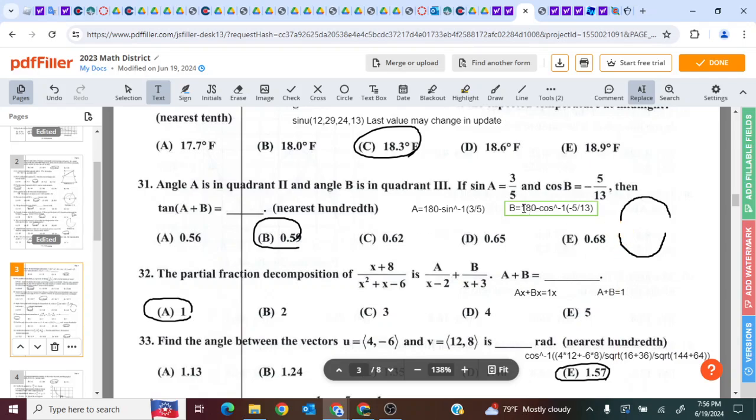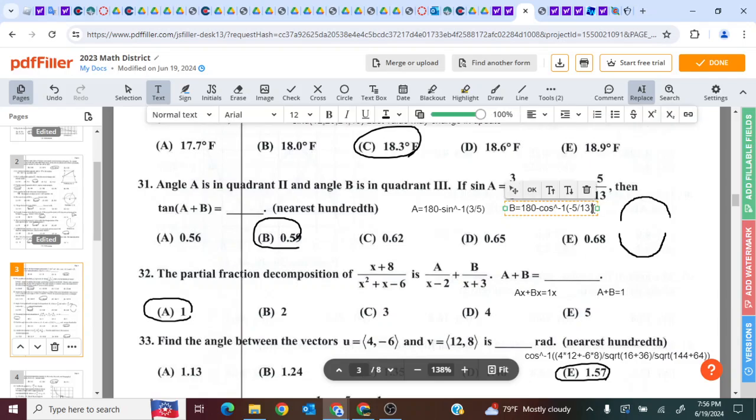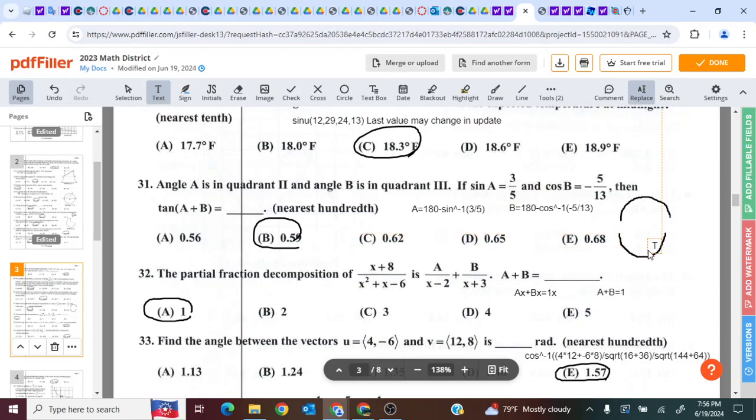So you do 180 minus that angle to get to this angle right here. A little bit confusing, but you can get it if you understand these kinds of things. Then you simply add those two angles and take the tangent of it and get 0.59.